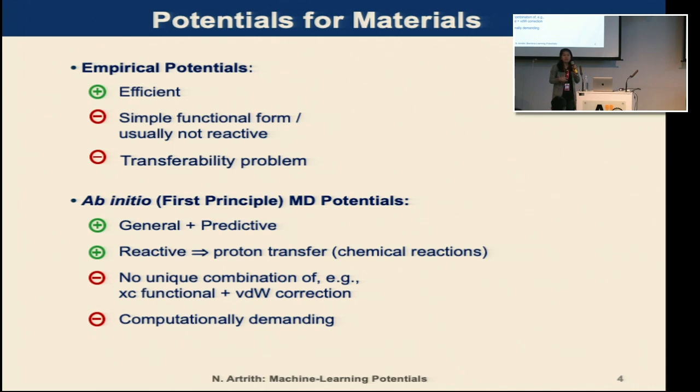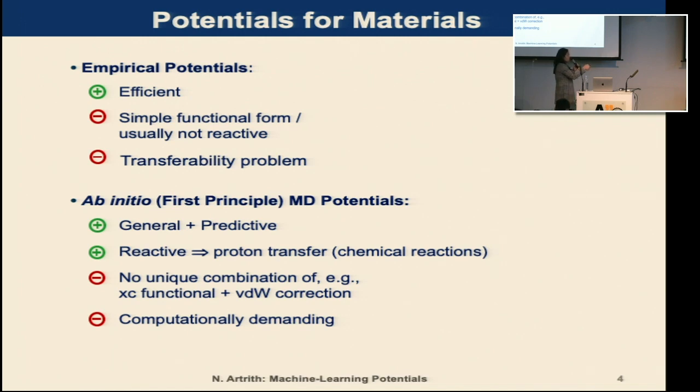For example, for gold in the solid, we probably have a different lattice constant or parameters from melting gold. That's why I'm saying the empirical potential can only fit a limited set of parameters.